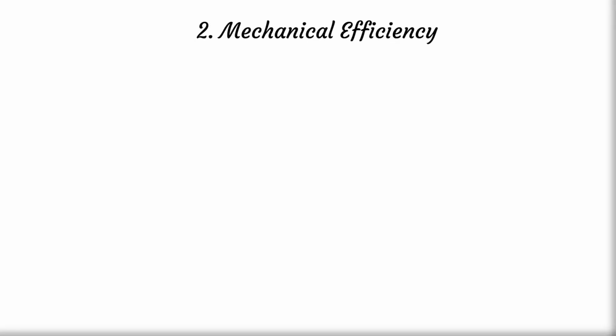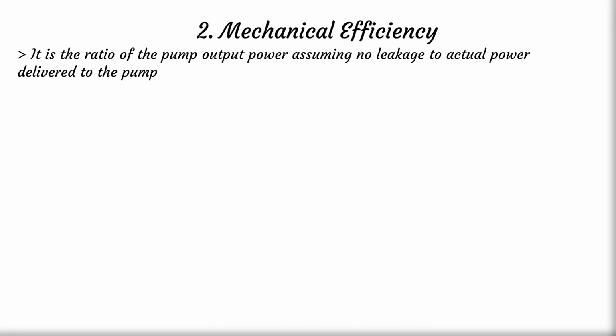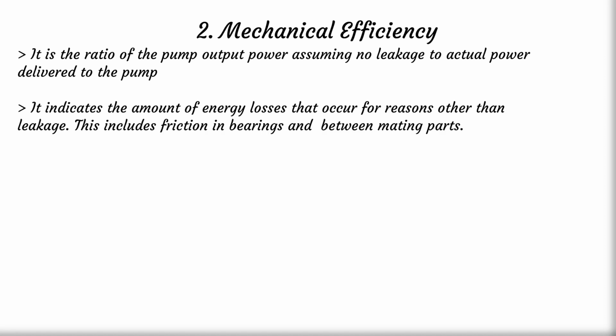Moving on to mechanical efficiency, it is a ratio of pump output power assuming no leakage to the actual power delivered to the pump. It indicates the amount of energy losses that occur for reasons other than leakage. This includes friction in bearings and friction between mating parts.